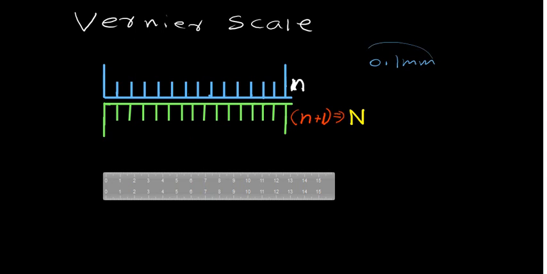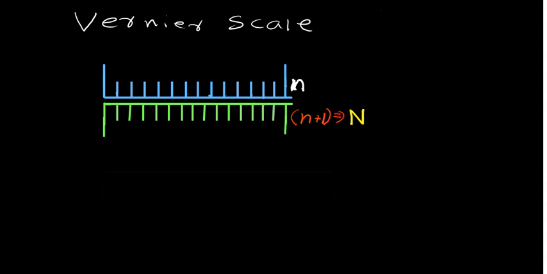That's the exact margin, so dividing 1 millimeter into 10 equal divisions is not going to help. So they had to come up with a new method, which is nothing other than the Vernier scale.